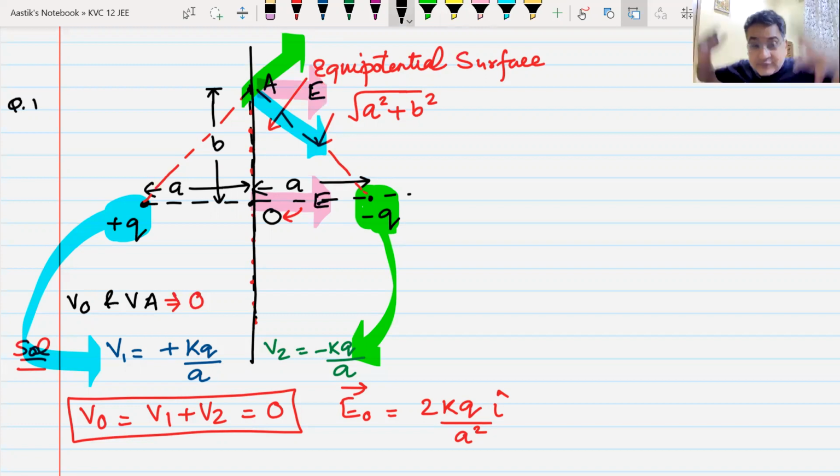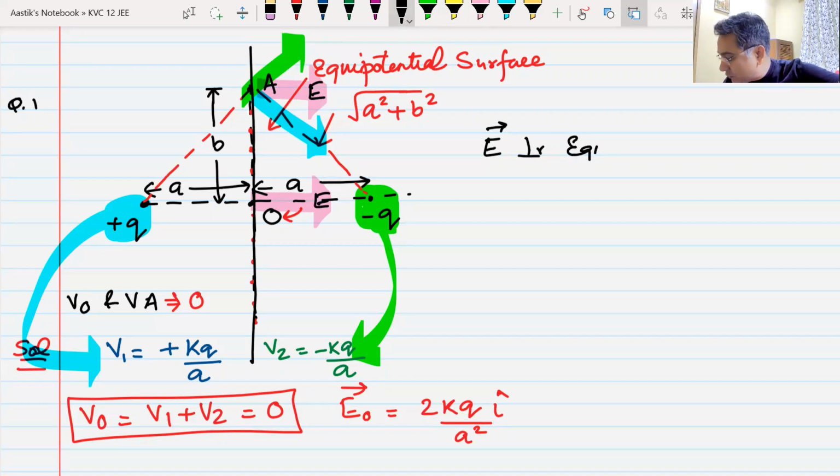Now, does it remind you of something between electric field and equipotential surface? What you can understand is this electric field is going to be perpendicular to your equipotential surface. Yes or no? Have you understood this?